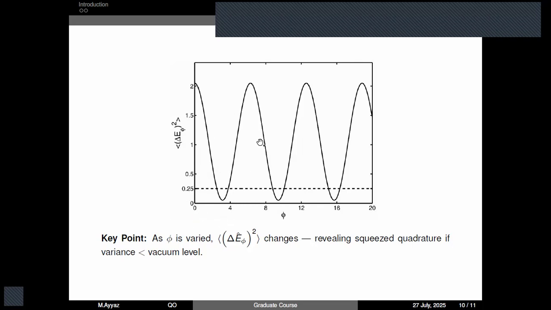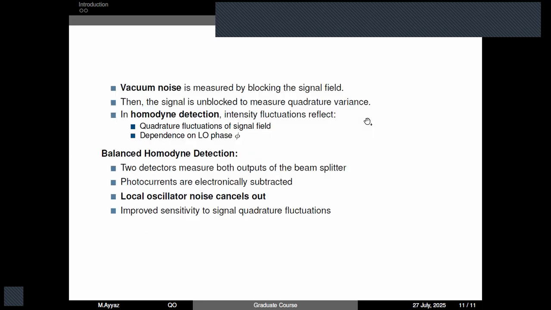This is only possible for squeezing, or squeezed states of light. So by changing the phase, we can observe different phase-dependent properties like squeezing of light, and we can also measure the quadratures.